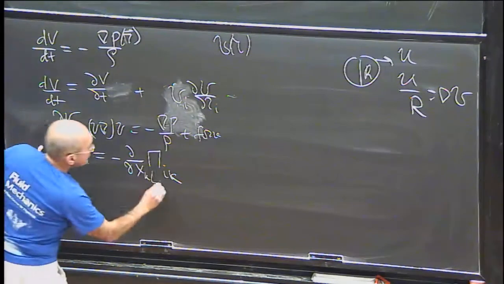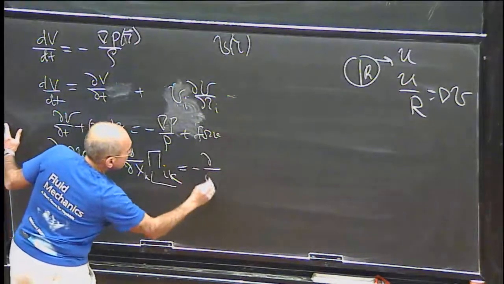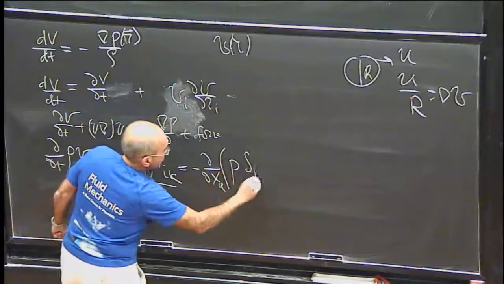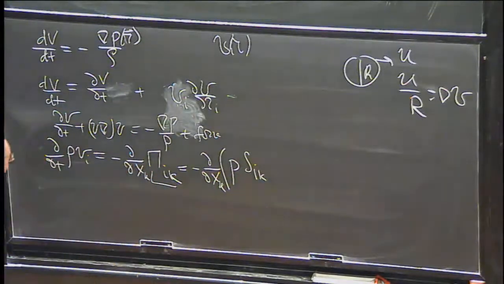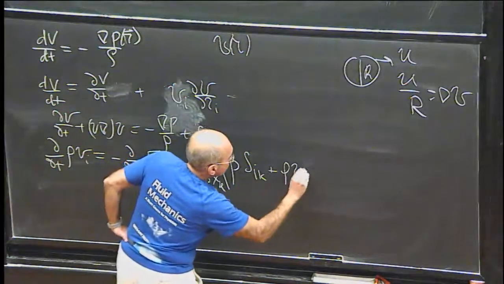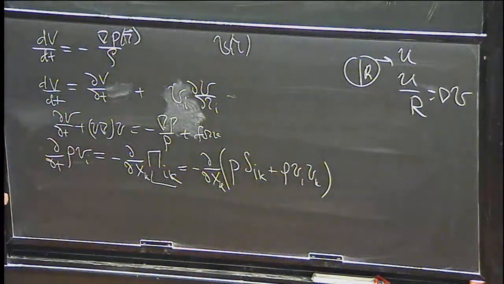Now, what is this if I look here? I would immediately see that it's pressure, which is a diagonal part of it. And then I would have, which would give me this term if I also invoke the continuity equation. Okay?